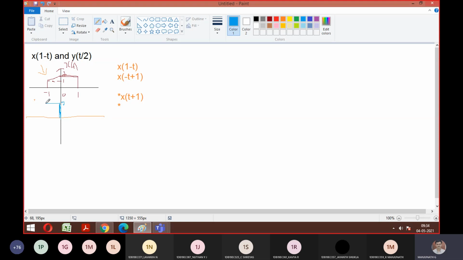Then with amplitude of 1, it goes dip and it ends at minus 2. So let's redraw till here. Then a constant line. Okay? So minus 2 is here, then minus 1, this is 0.